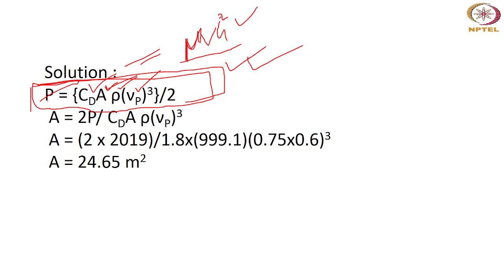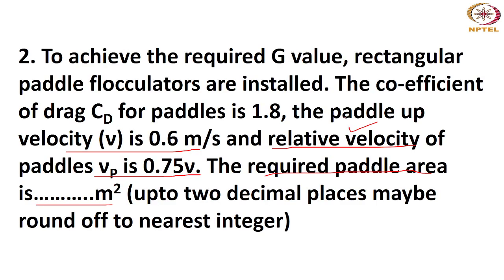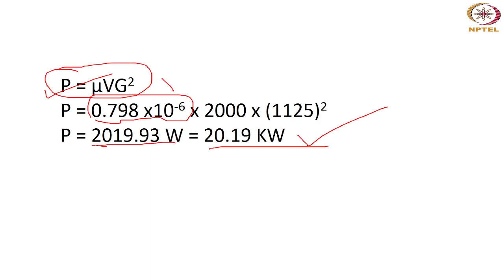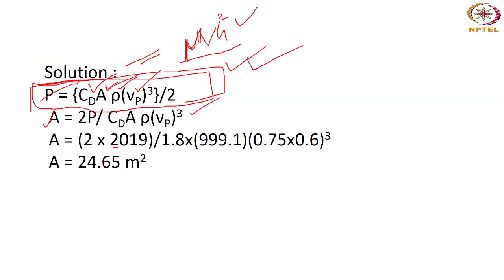So you need to calculate this A. I'm writing A equals 2P divided by CD rho v_p cube, and here 2 multiplied by my P. This power we already calculated, P as 2019.93 watt. So I'm writing 2 multiplied by 2019.